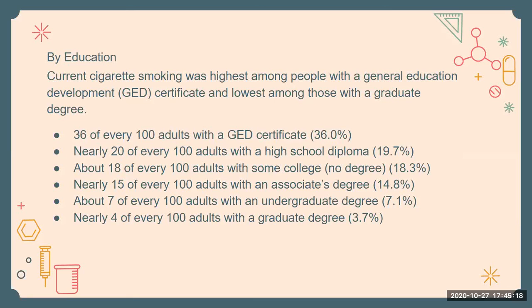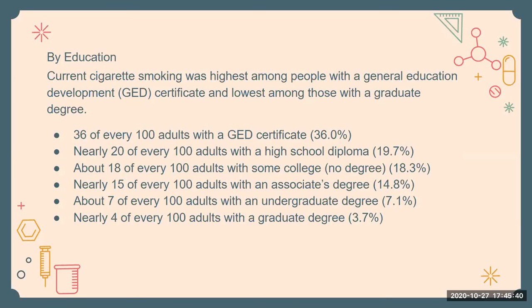Individuals with some college and no degree, 18.3%. Individuals with an associate degree, 14.8%. Individuals with an undergraduate degree, 7.1%. And adult individuals with a graduate degree, 13.7%.